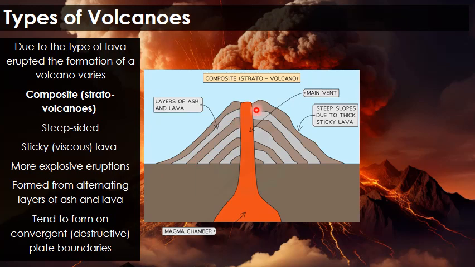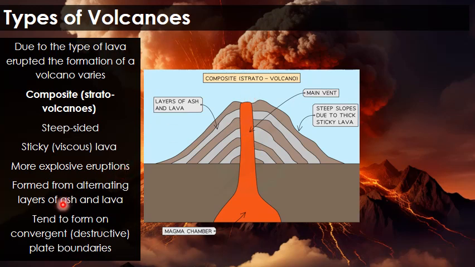So we have the layer of ash here, and then as the lava erupts, it also erupts on top. So pretty much all volcanoes are like this. It's a layer of ash here, and then on top we have a layer of lava, right? And then a layer of ash, a layer of lava. So when the ash goes boom, it's ejected into the atmosphere, it falls onto the slopes, and then the lava also comes, it flows because it's being erupted from the what?